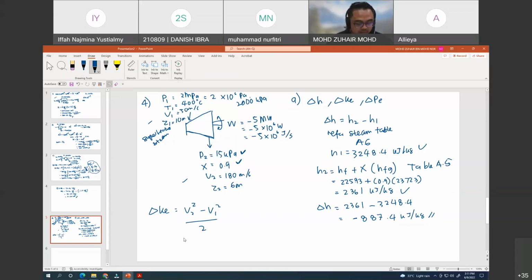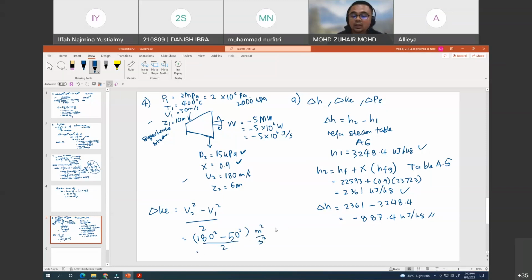Betul lah. Okay, so we have V2 squared, 180 squared minus 50 squared, bahagi dengan 2. This is in meter squared per second squared. Okay.